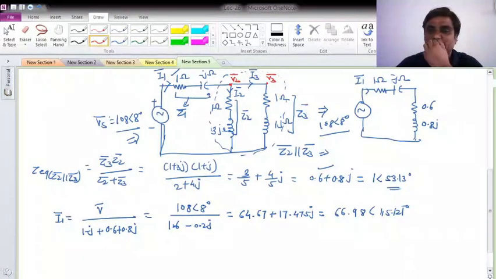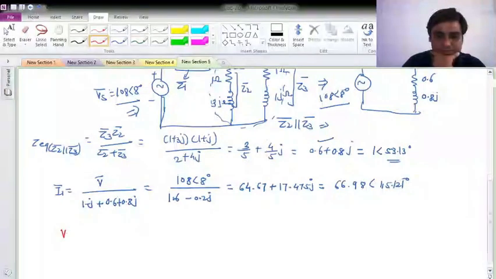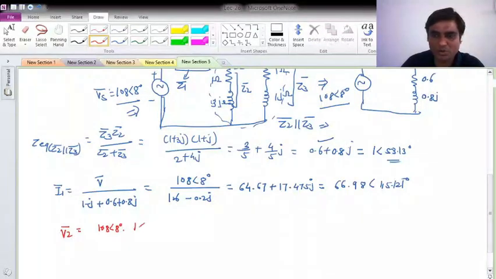So V2 phasor will be equal to our total voltage, 108 with angle 8 degrees, into the polar representation I have calculated, 1 with 53.13 degrees, divided by the addition of these two.